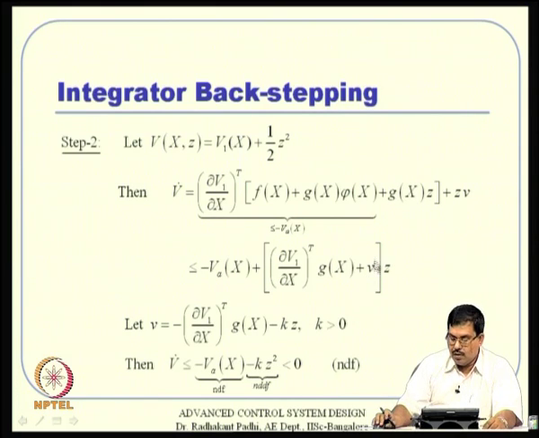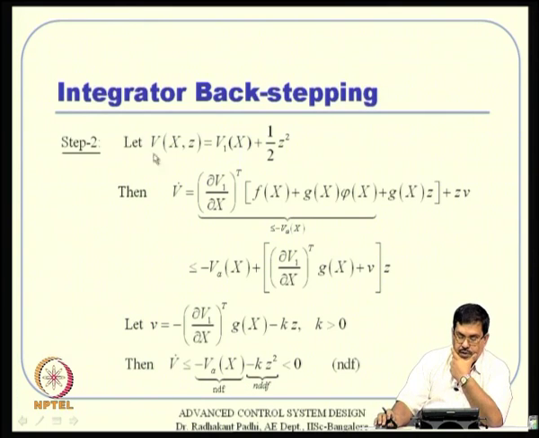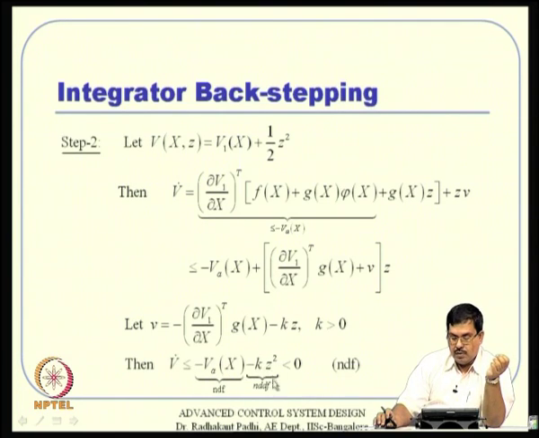So naturally I will select a v which is the negative of this quantity, minus kz, so that when minus kz is left out here, it will generate a minus kz square term. That is the whole idea. So now V dot turns out to be less than or equal to a negative definite function that is already available, minus kz square, which is also negative semi definite.